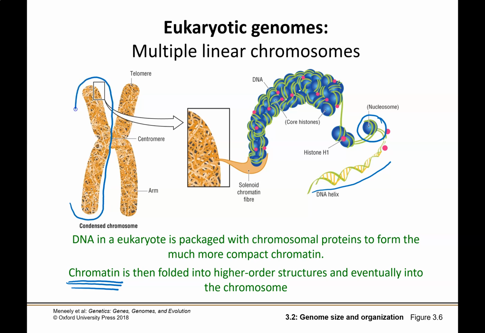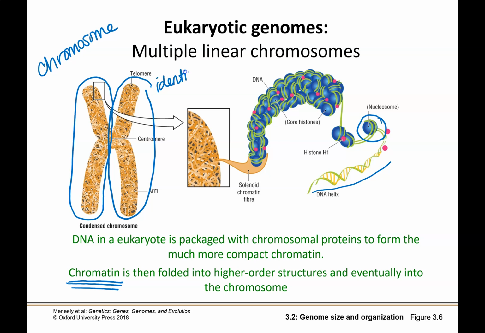One side of this X is actually a single chromosome. So this is one chromosome, and this other side is an identical copy. So just keep that in mind. I'll come back to this a little bit more in a few minutes.